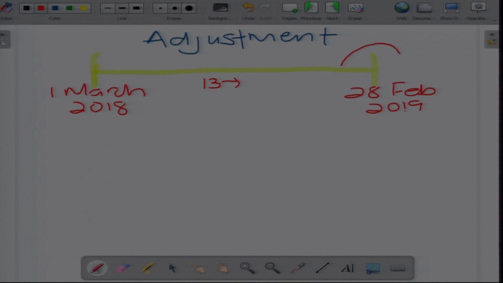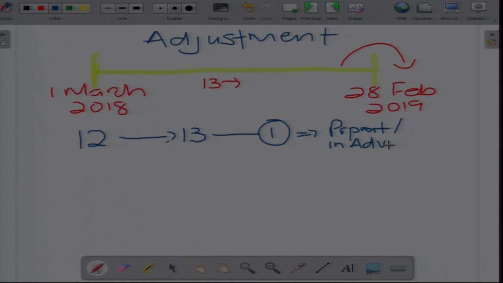It belongs in the next financial year. Then you need to adjust it. We've agreed that every financial year has 12 months, but if you've paid something for 13 months, it means that you paid 1 month extra. This is called a prepayment or a payment in advance.